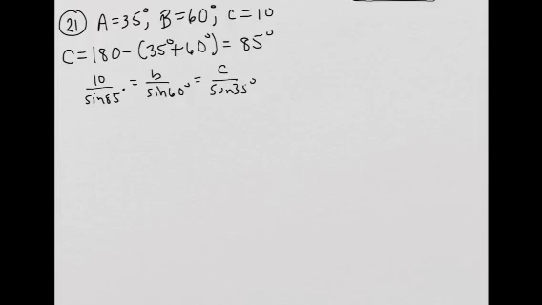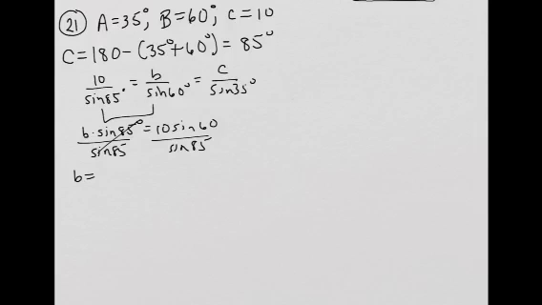Okay, so we'll solve for B first, just because they're right next to each other. So then you know that it's B sine 85 equals 10 sine 60. We're going to divide by sine 85, both sides. So B equals whatever you get on the calculator here. Okay, and let's see if I have that answer. 8.69.